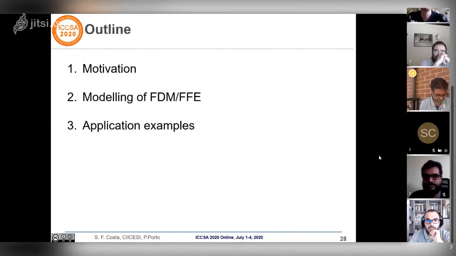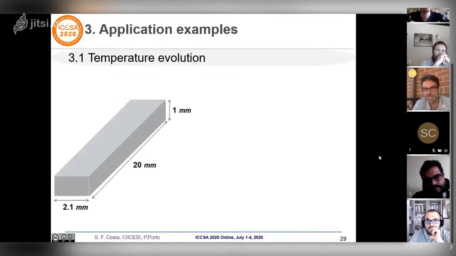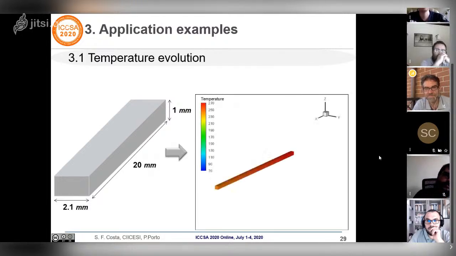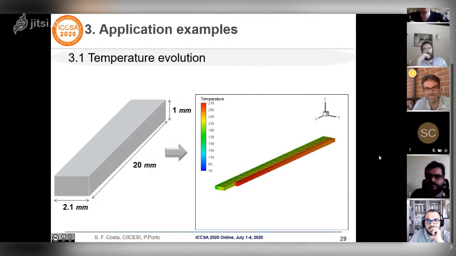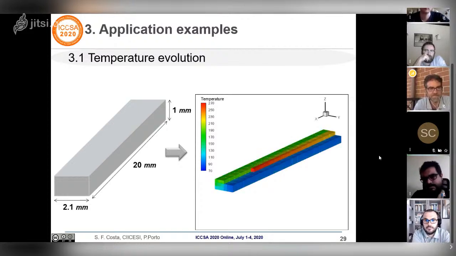So with the computer model, we can obtain temperature results, for example, a graphic with the temperature evolution of all filaments of a given sequence, or we can obtain an animation with the temperature values in the whole part as deposition proceeds. For example, we can see the fast cooling down due to the small dimensions of the filaments, and we can see the heating of the colder filaments by the new hotter deposited filaments.